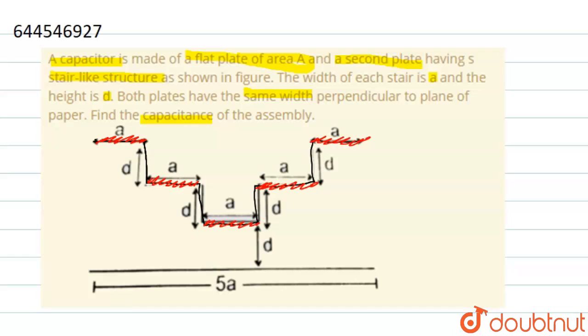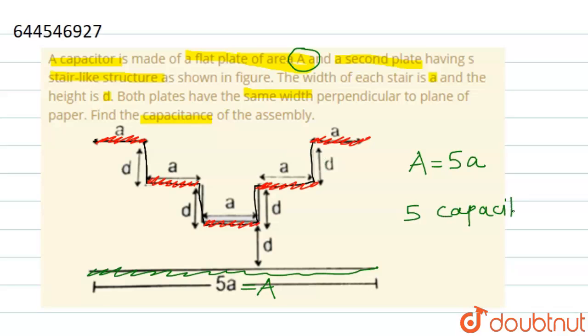And since the other plate, which is a flat plate, has the area capital A, where capital A equals 5a, we can say that this assembly will be making 5 capacitors, and if we see it carefully, these 5 capacitors are connected in the parallel combination.